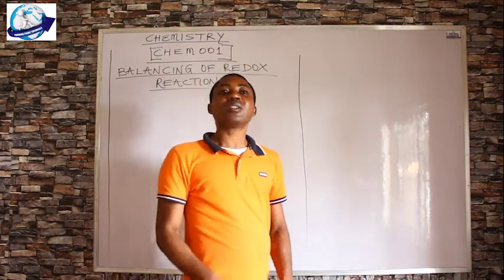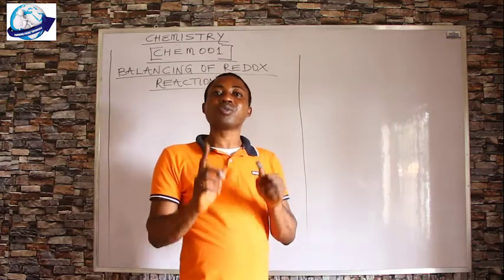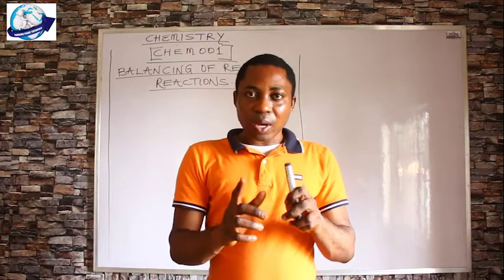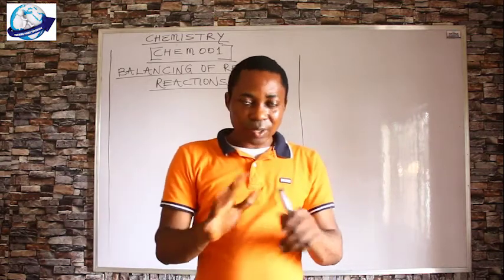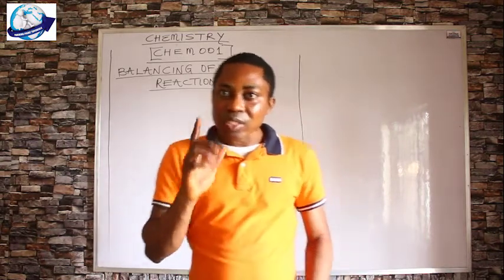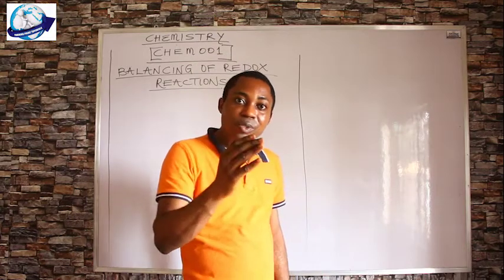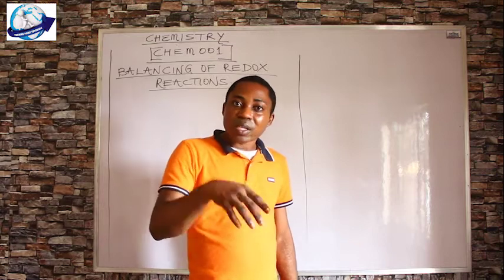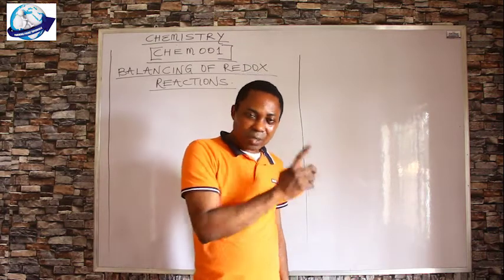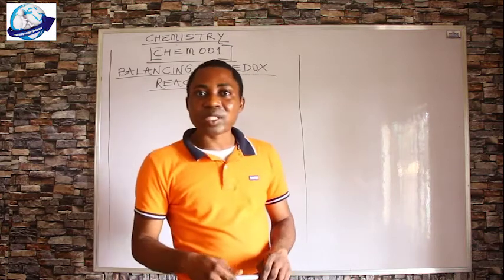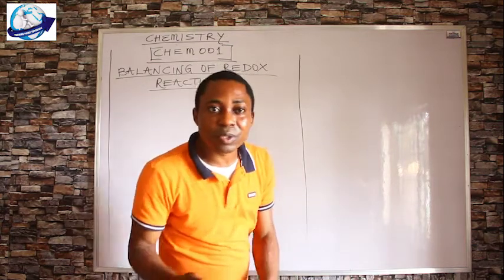In this aspect, to balance oxygen or hydrogen in any medium, you must take note of the following steps. You must understand that there are some principles you should adhere to. The question is: is it going to be in acidic medium, or in basic medium, that is alkaline medium, or in neutral medium?